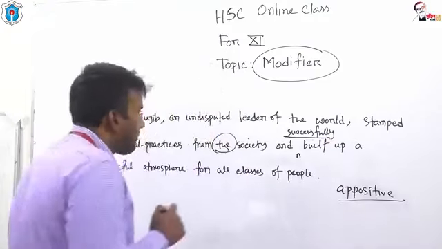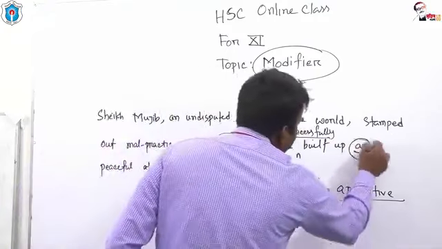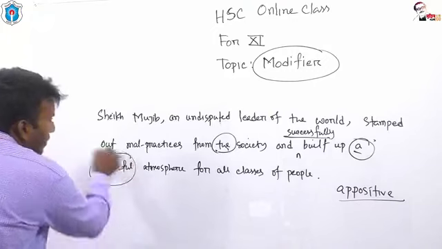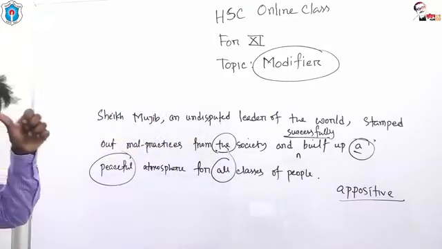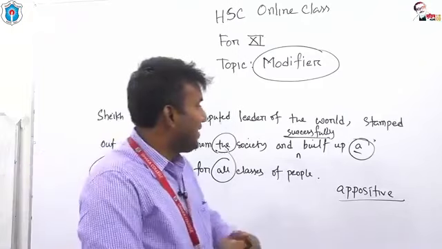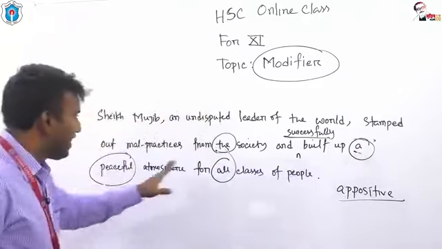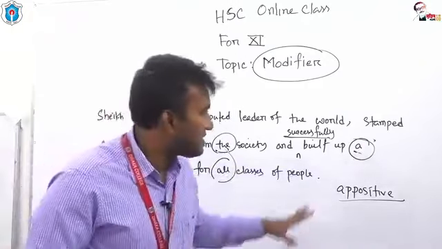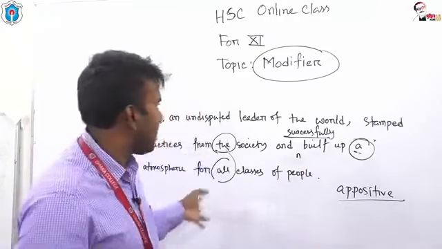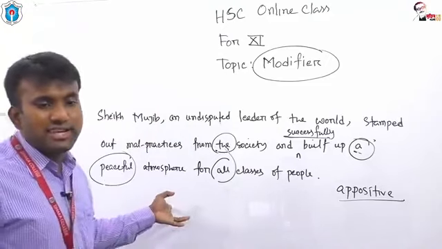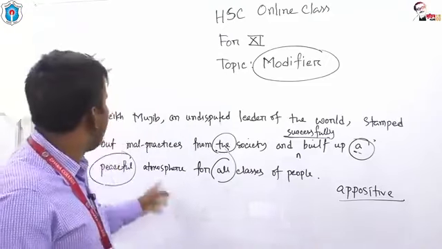Build up a. Here a is a modifier, peaceful is a modifier, all modifier. Okay, so a modifier, peaceful modifier, all modifier. But there is something more that you need to understand here. Dear students, listen to what I say very carefully.